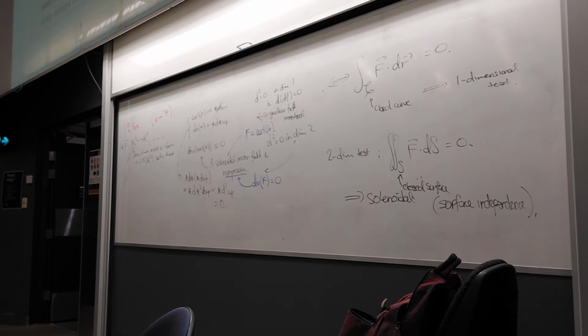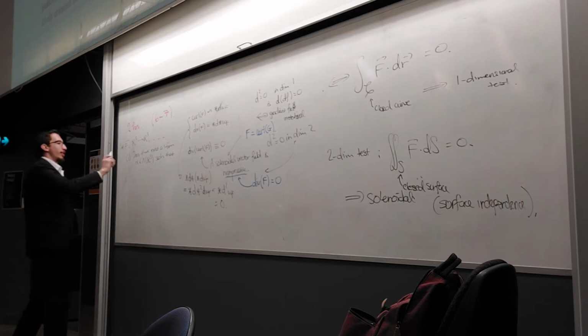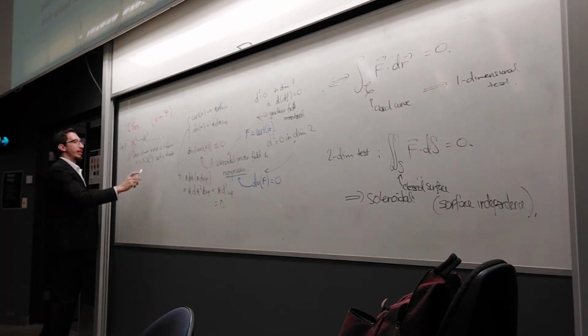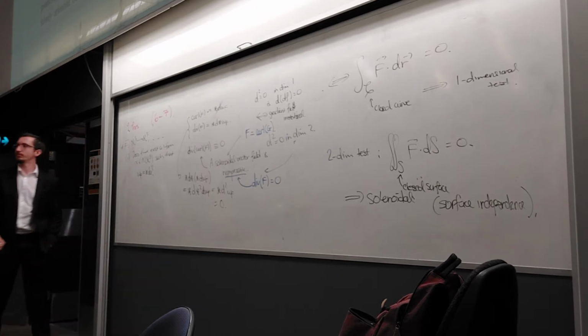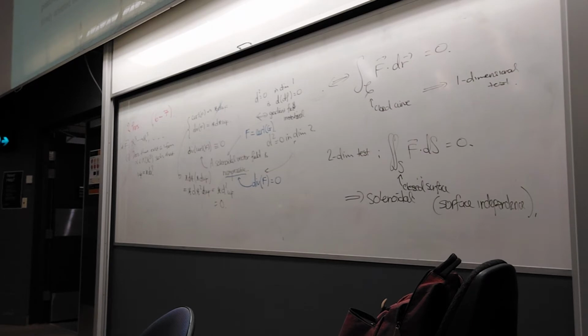I'm not going to use the div and curl, it's too easy. We're going to put it in a bunch of stars and d's, right? Does there exist an alpha such that omega f is equal to star d alpha? This is equivalent to asking whether it is a solenoidal vector field.